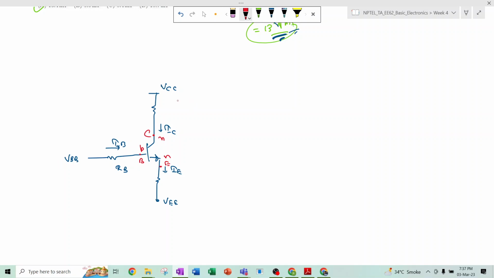To solve a problem, as you have already seen in the earlier cases, to solve a diode problem you should always first assume that the diode is off or on. You can assume that the diode is off, and then you find the potential at the anode and cathode terminals of the diode.